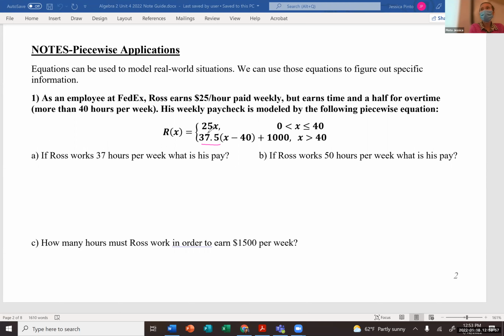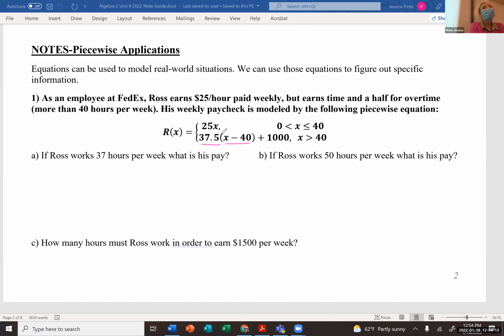You guys got that? Okay, so then this time and a half only applies to the amount over 40 hours. So X minus 40, X minus 40.